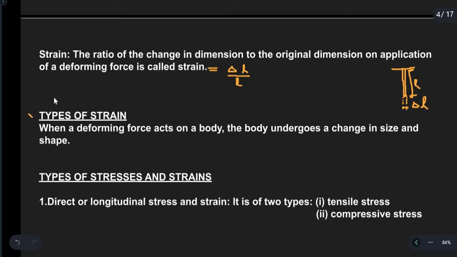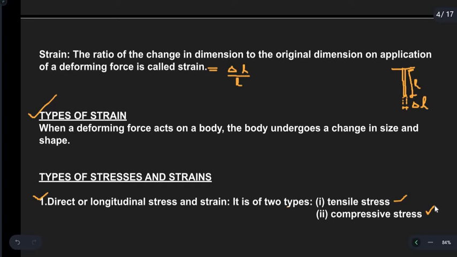Then, as I said, we'll learn about the classifications. There are types of stresses and strains. First comes direct or longitudinal, and as I said earlier, it can be further classified into tensile stress and compressive stress.